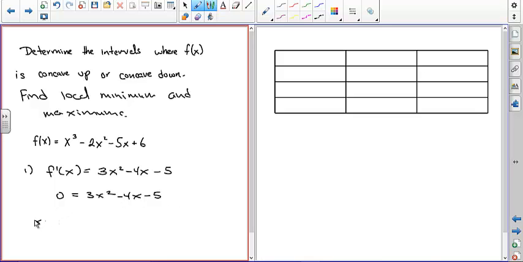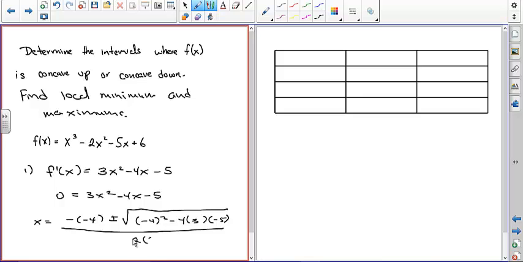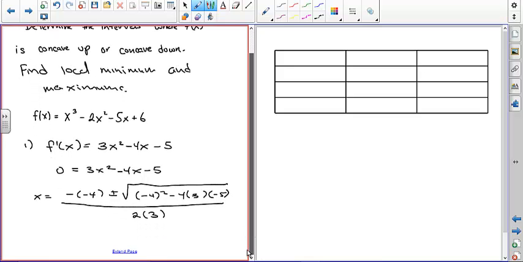So you'd have x equals minus a negative 4 plus or minus the square root of negative 4 squared minus 4 times 3 times negative 5, all divided by 2 times 3. So that's minus b plus or minus the square root of b squared minus 4ac over 2a. So let me get my calculator out.